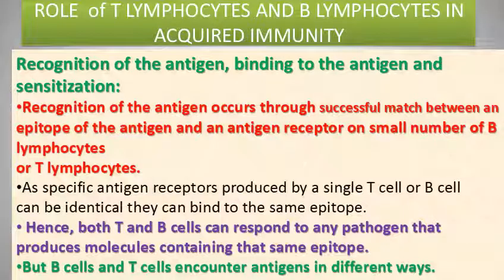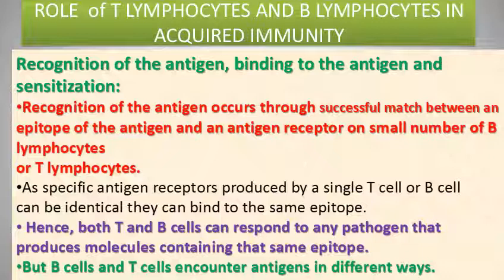Okay, so the first step is the recognition of the antigen, binding to the antigen and sensitization or activation. Now, recognition of the antigen occurs through a successful match between the epitope of the antigen.